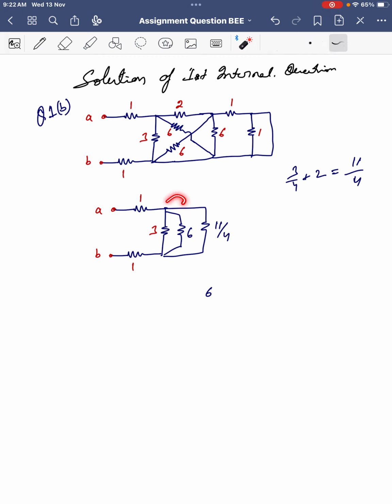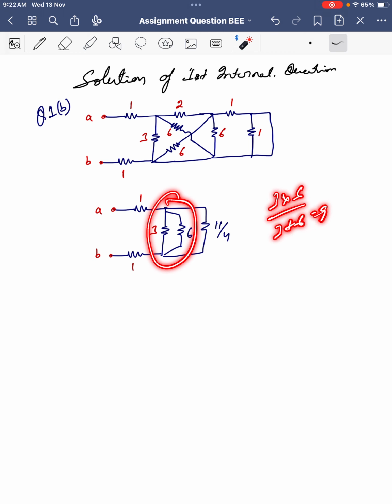Now here we can see that all three resistances are in parallel. We can calculate all together, or we can solve these two first, then solve with this. If we solve these two first, it is 3 into 6 by 3 plus 6, that is 9, so this will be 2.